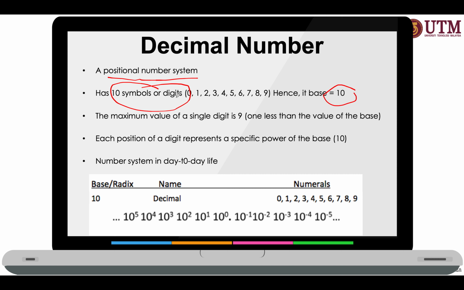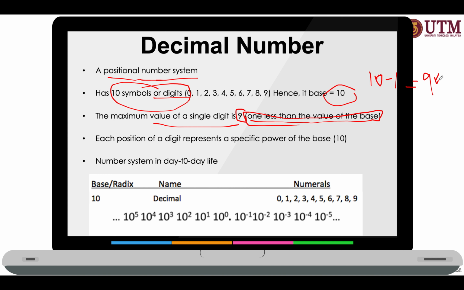If you calculate, we have 10 digits. The maximum value of a single digit is 9. As I already mentioned in the previous slide, it is one less than the value of the base, which is 10 minus 1, which is 9. So this is the maximum value of a single digit.